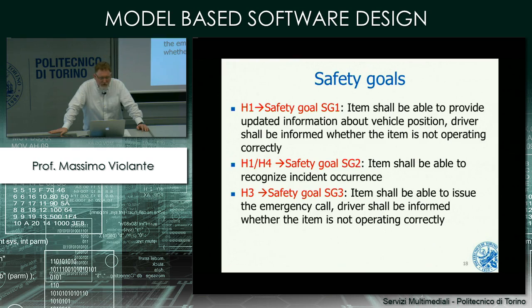The item shall be able to recognize incident occurrence, so it is not admissible that we run into an incident and the item does not make the call because it doesn't recognize that there is the incident. And then the item shall be able to issue the emergency call.